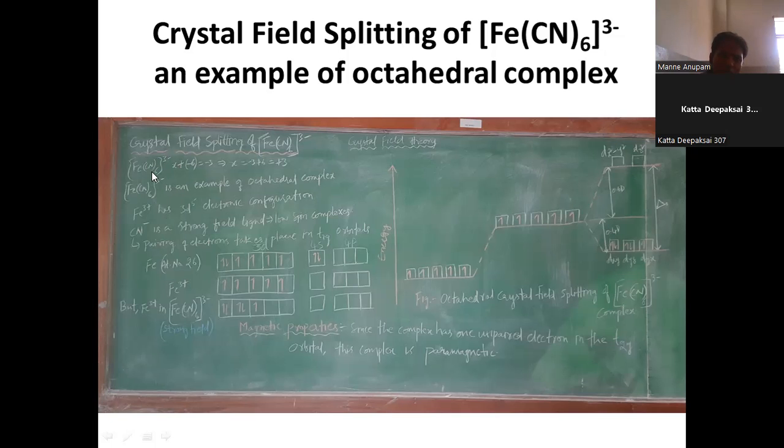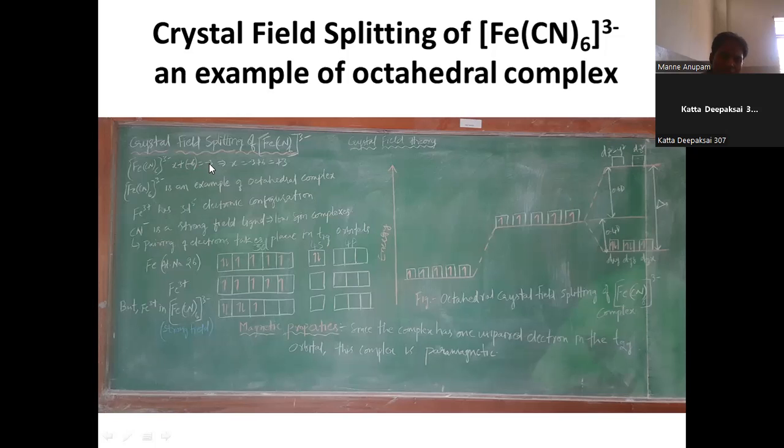Now 6 CN ligands are approaching the iron. Each CN is carrying a -1 charge, so 6 CN ligands means -6 charge.